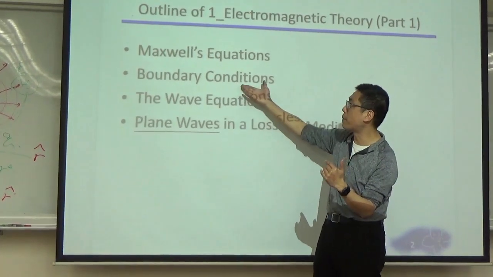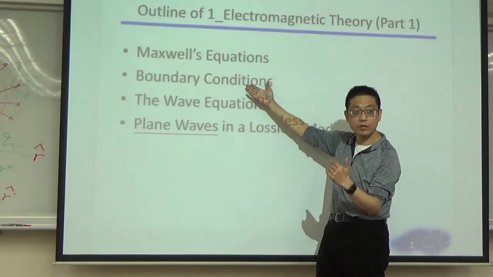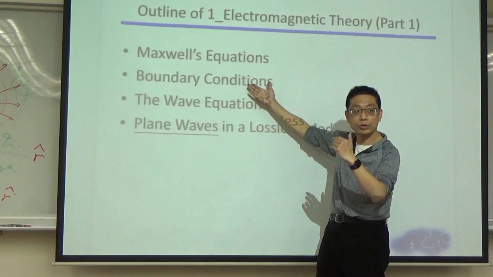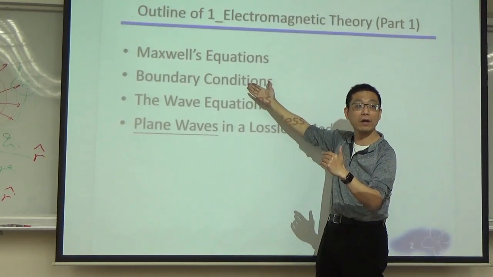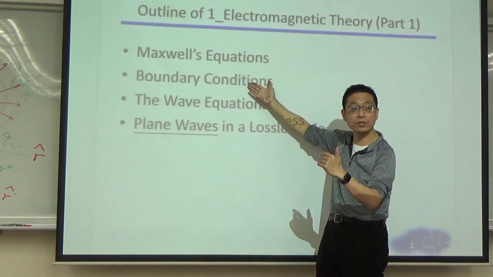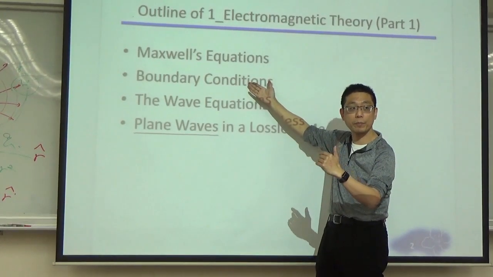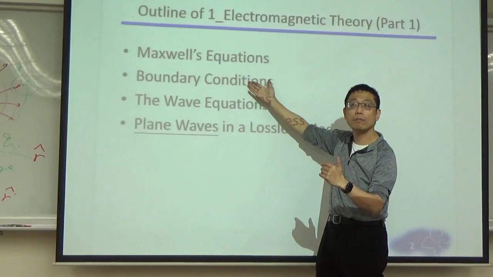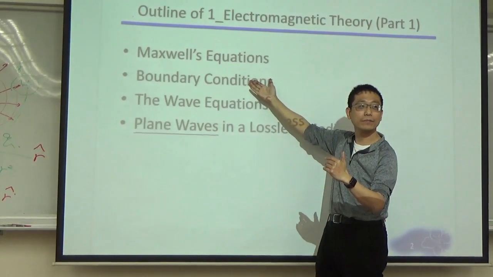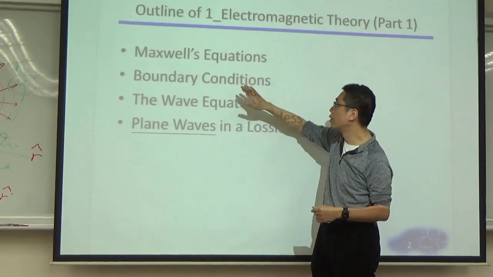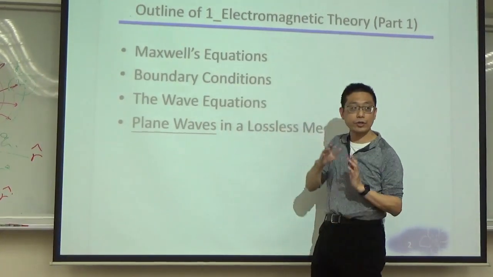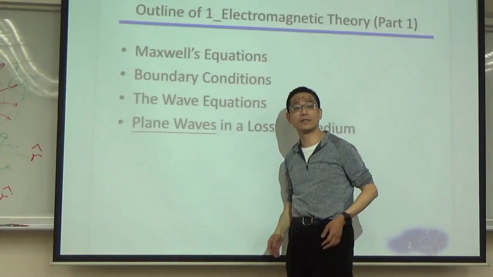We will use the boundary conditions when we explain a waveguide, for a rectangular waveguide, a very special kind of microstrip line, a very special case of a transmission line. So we will use the boundary condition later after your midterm exam.